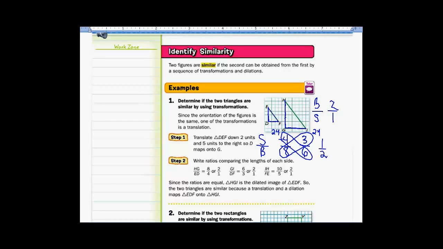So you can check the ratios by multiplying, because if it is a true proportion, the diagonals, the cross products, would be equivalent. So if the cross products are the same, then it is a proportion, which means they are similar, or you can just make sure that they reduce to the same thing. Either way you want to do it is fine with me. Some are more appropriate in certain situations than others.